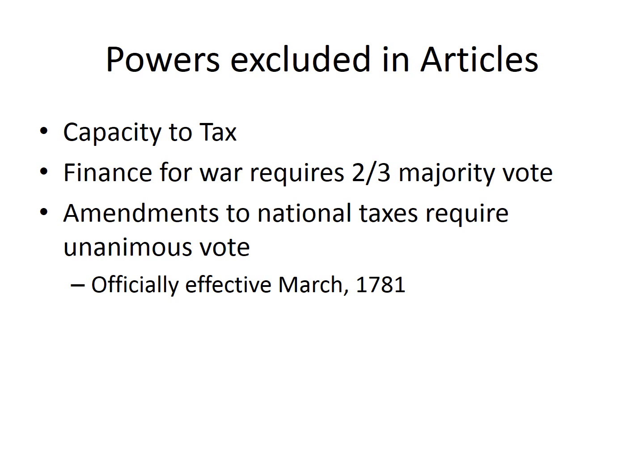Any amendments to their ability to tax, in fact, any amendments to the Articles themselves, require a unanimous vote to amend. And there you see it's officially effective as of March 1781.